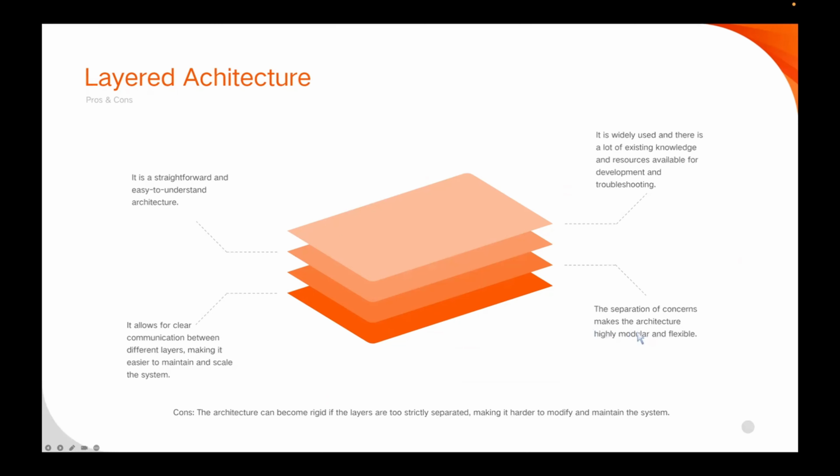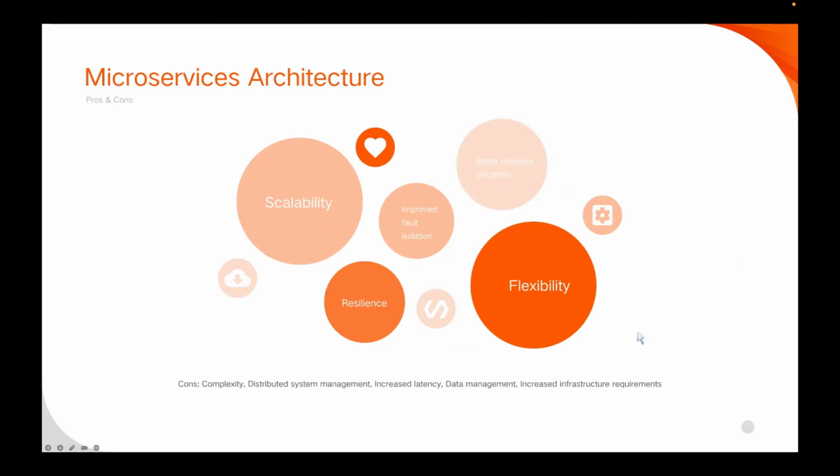Moving on to the microservice architecture, one of the biggest advantages is its extensibility. Since each service is independent, we can replace or update them more easily. And the failure of one service does not necessarily mean the failure of the entire system. However, the microservice architecture also has its downsides.